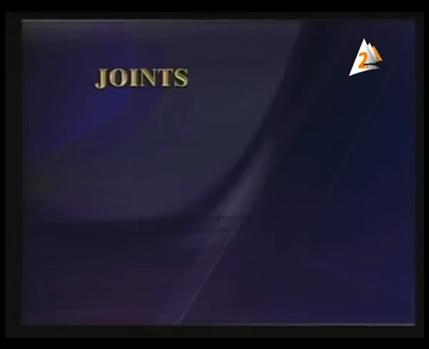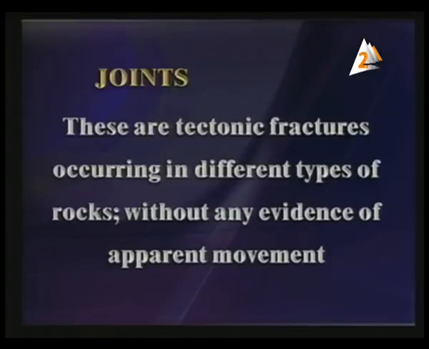This is the third type of the secondary structures. These are tectonic fractures occurring in different types of rocks without any evidence of apparent movement. It's very important to notice here that joints are fractures like faults, but without any displacement, without any apparent movement.